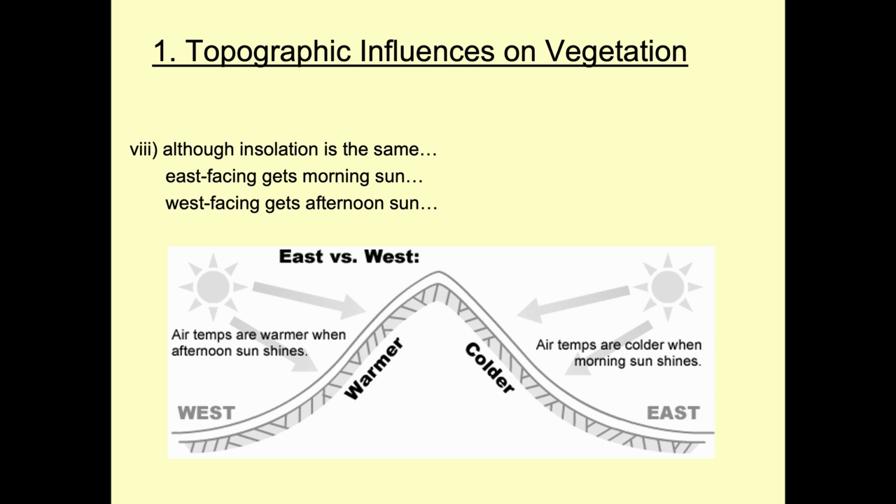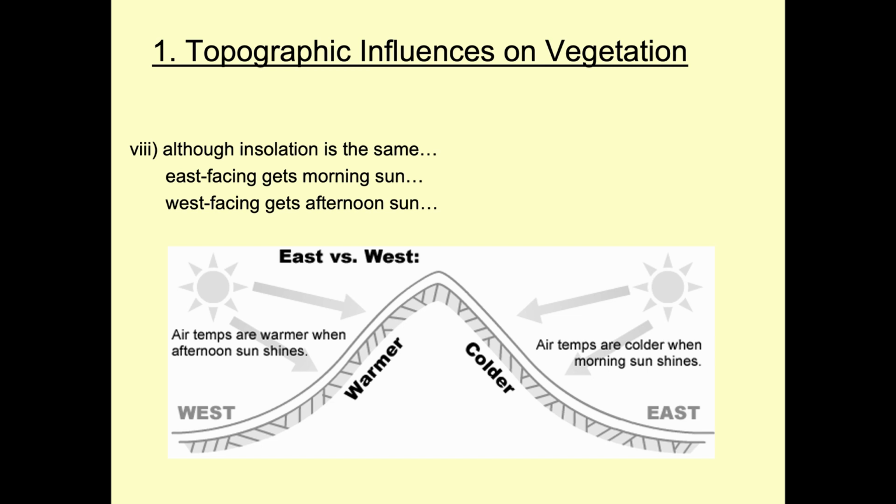So you have the sun hitting this western aspect directly in the later parts of the day when the slope is already dried out. This is why you're usually going to have less vegetation on the western side, and it's going to be more water limited. So this isn't as stark a difference as between the north and south facing aspects, but we can still see these patterns in nature.